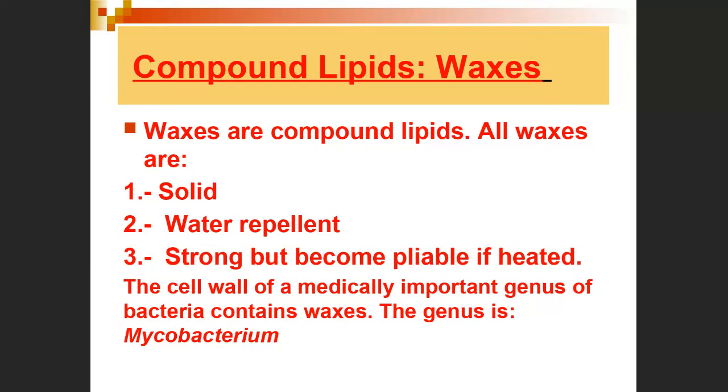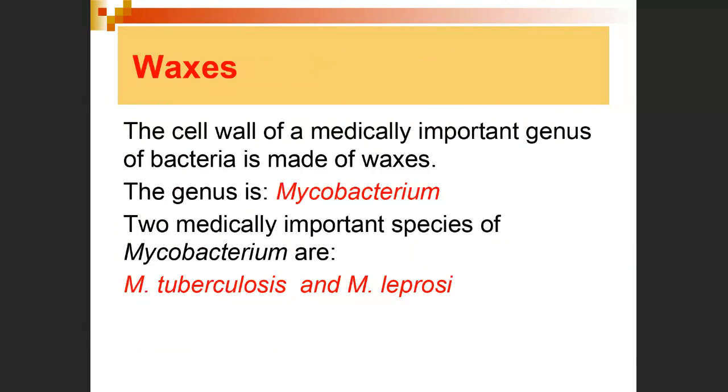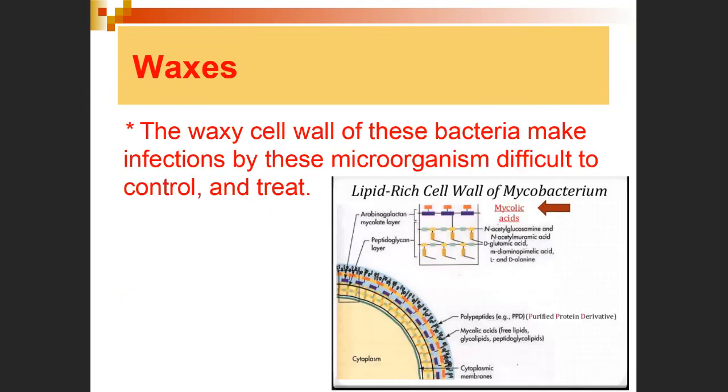But at the same time, disinfectants and antibiotics will have a really hard time going through. So infections with Mycobacterium will be very difficult to treat. So it is important to know whether an infection is being caused by a Mycobacterium species. There are 2 pathogenic species that are particularly bad, Mycobacterium tuberculosis and Mycobacterium leprae.